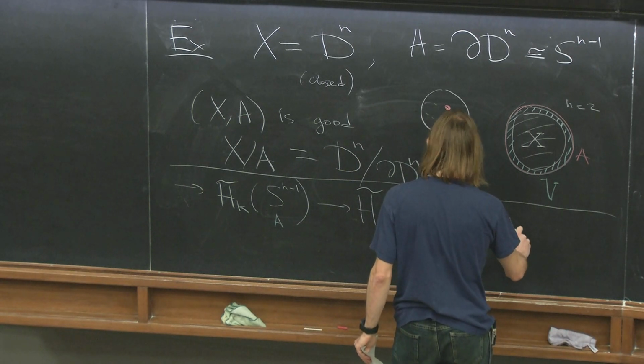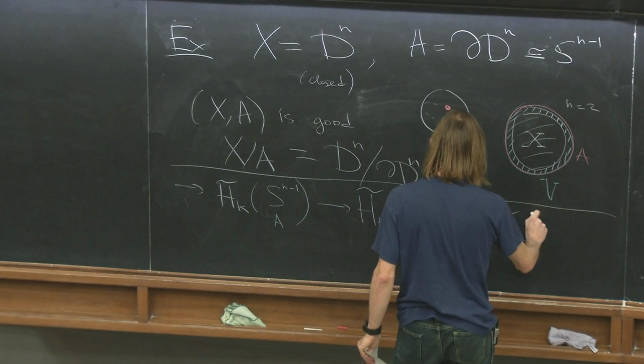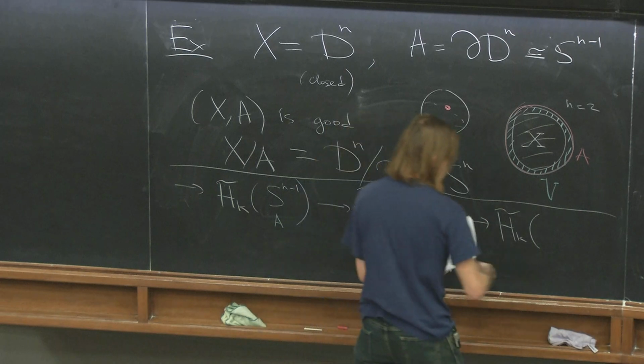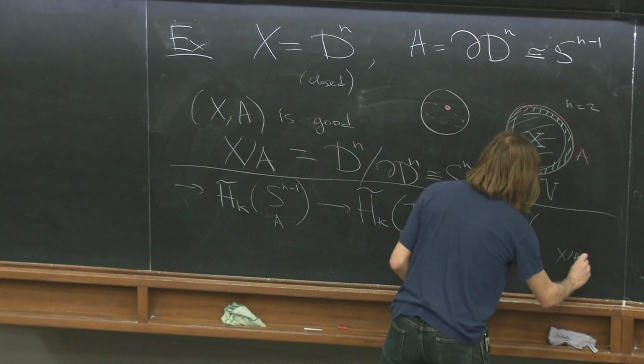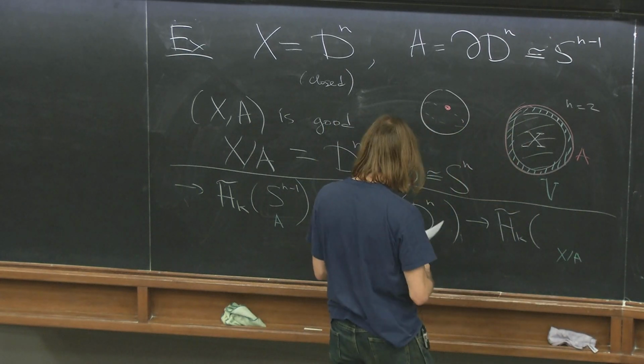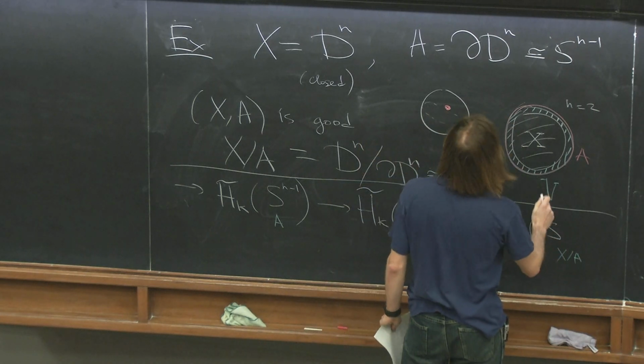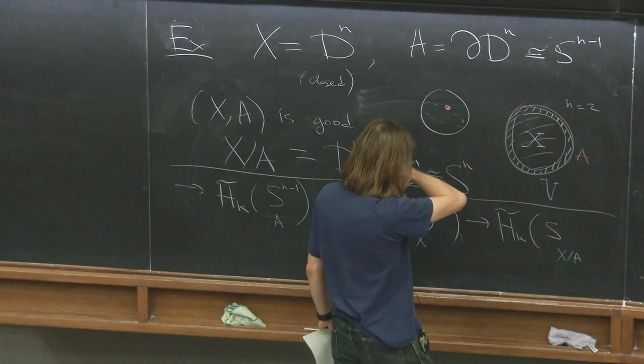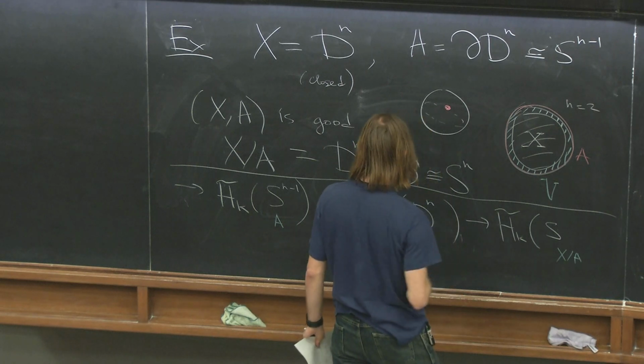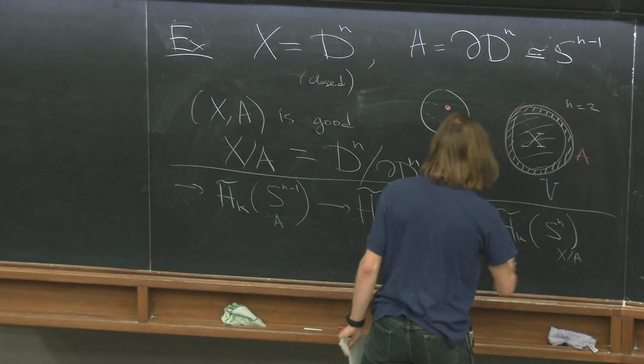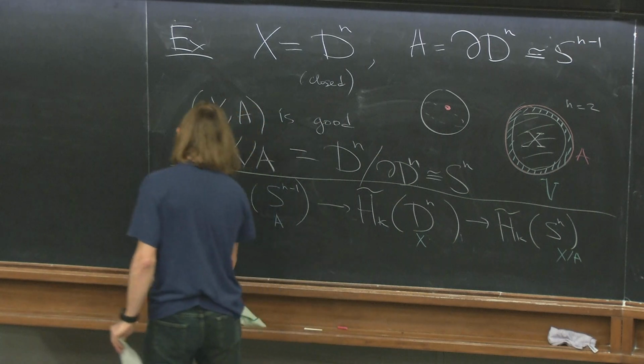Then we go to the homology group of the quotient, which can be identified with the n-dimensional sphere. And then we continue.